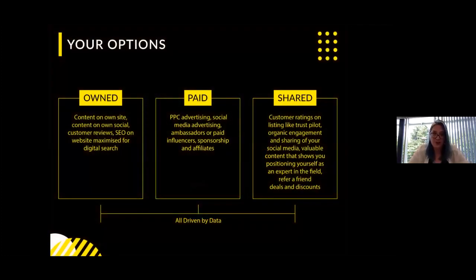So your options. How do you communicate your values and your brand and your products to your customers? What's the most effective way? And what is the most cost-effective way to achieve the goals that you might have? Is it that you want to reach a particular target market, age, gender, interests? Do you want to increase your Google rankings, so get higher up that search page?